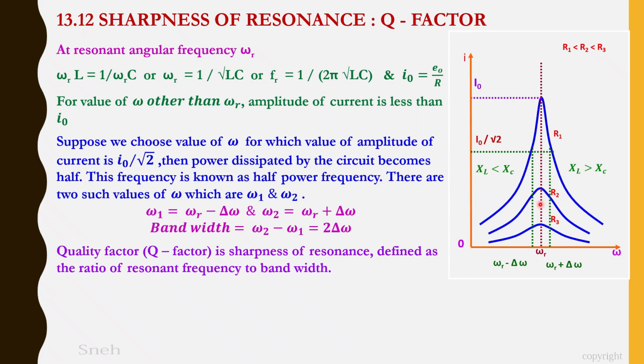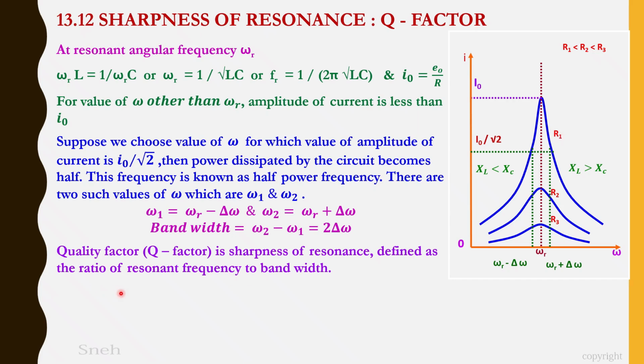Now see here, when I'm observing here, bandwidth is given by this. If for this I0 I take somewhere I0/√2, it will be somewhere here, and naturally for this the bandwidth will be larger as compared to this one.